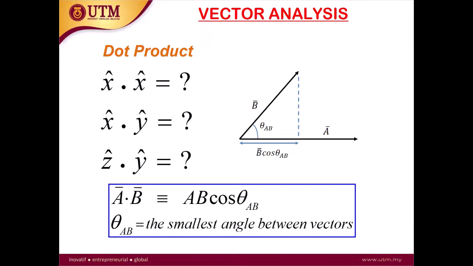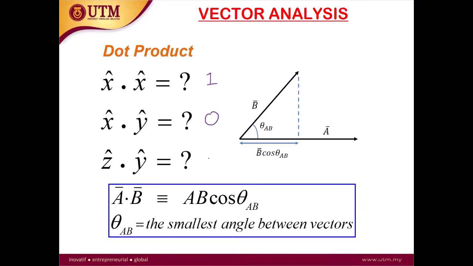Next, the vector analysis for the dot product. For the dot product, when the unit vectors are the same, the dot product between the two unit vectors gives you 1. For different unit vectors, it becomes 0.